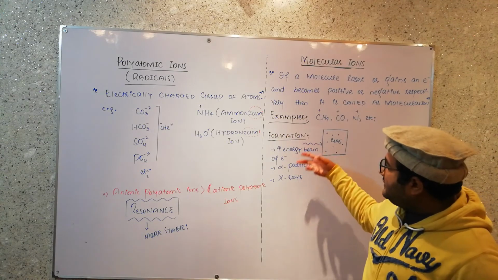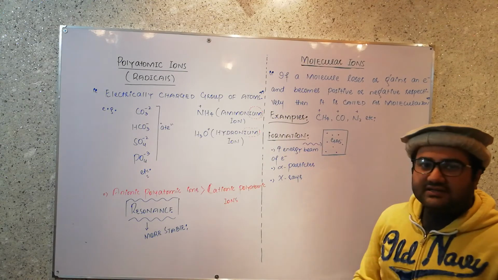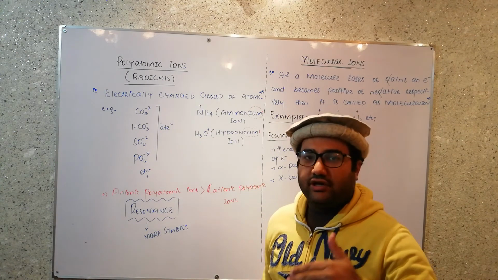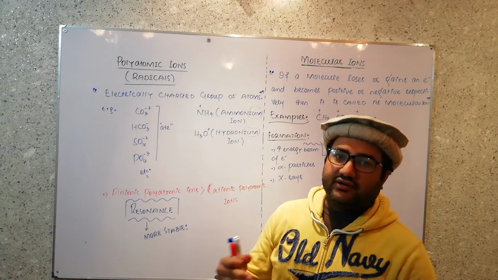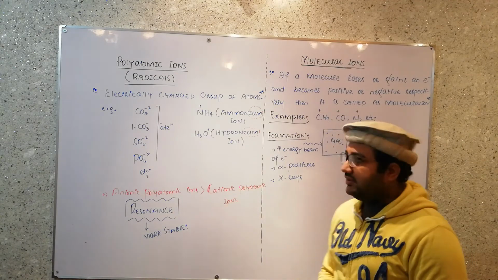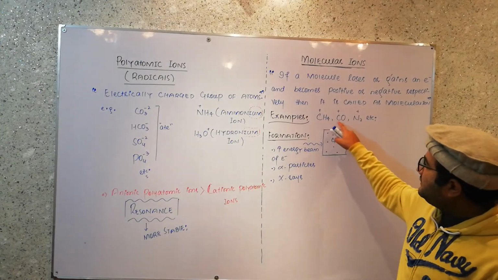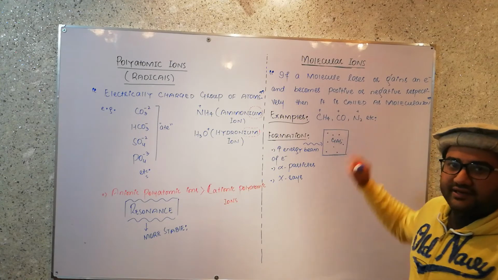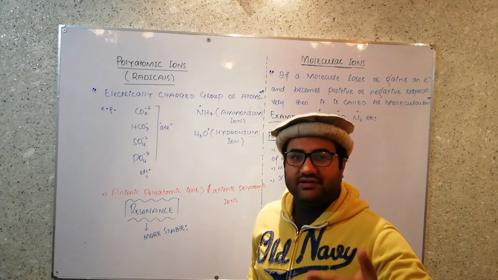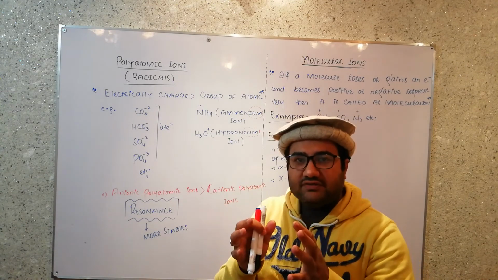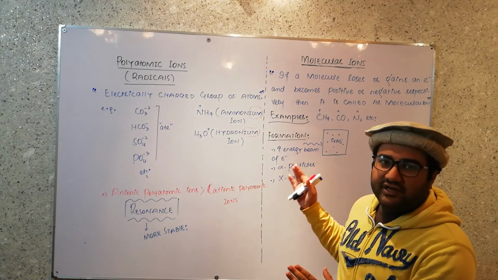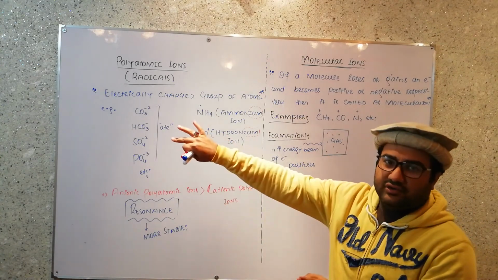These high energy beams of electrons, alpha particles or X-rays strike the electrons of the molecule, and one electron or two electrons are knocked out. Mostly one electron is knocked out. So the unipositive molecular ions are created. Before hitting, these molecules were neutral, but when alpha particles, X-rays or a high energy beam of electrons hit the electrons, they knock them out.